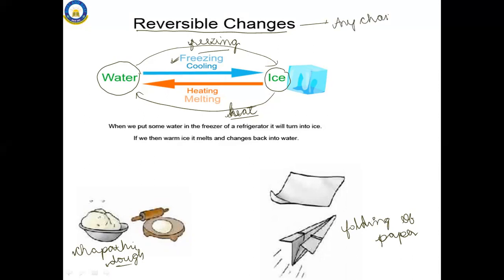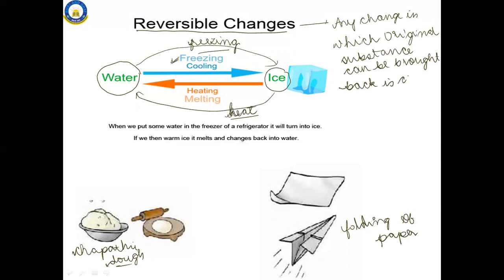Any change in which the original substance can be brought back is called a reversible change. So this is how we define reversible change, and there are some examples which we have clearly learned.